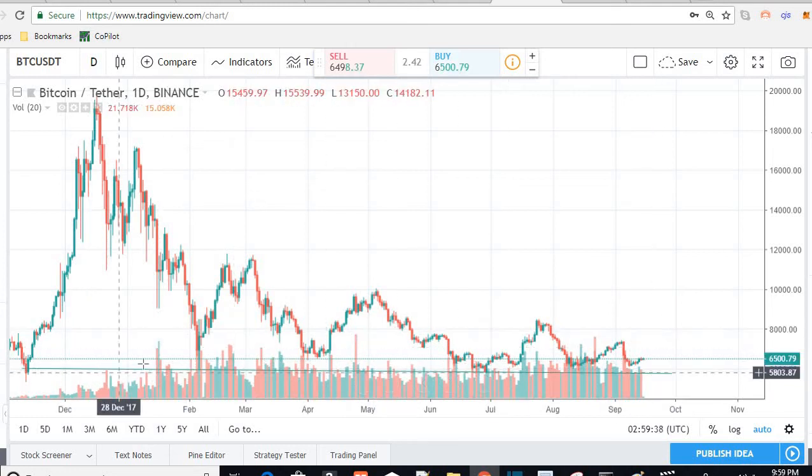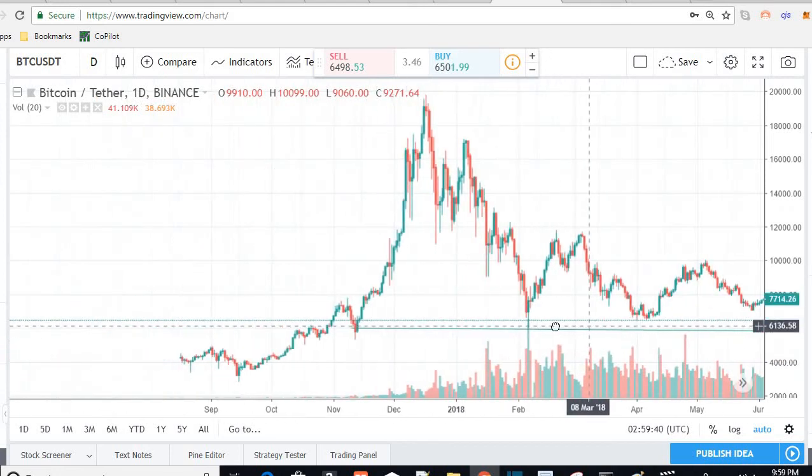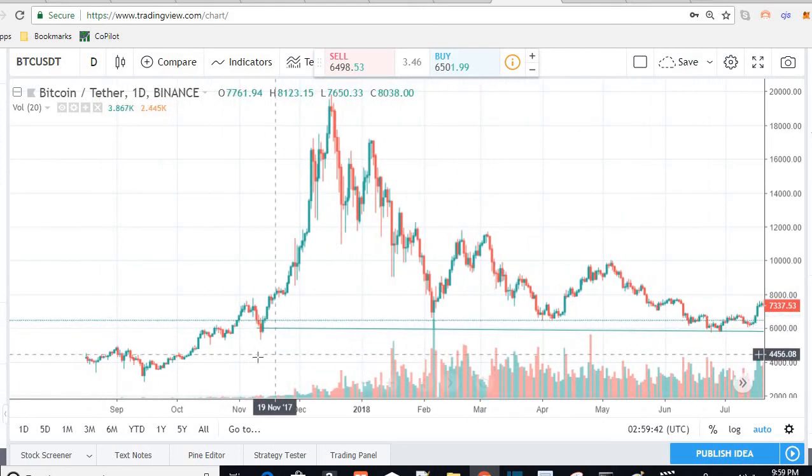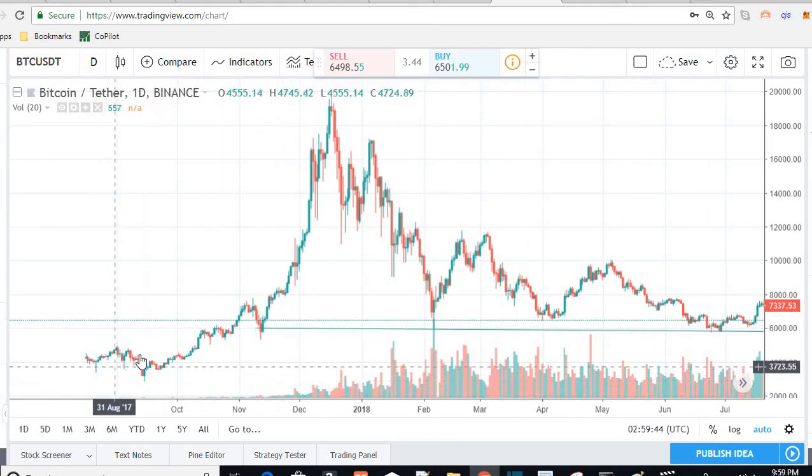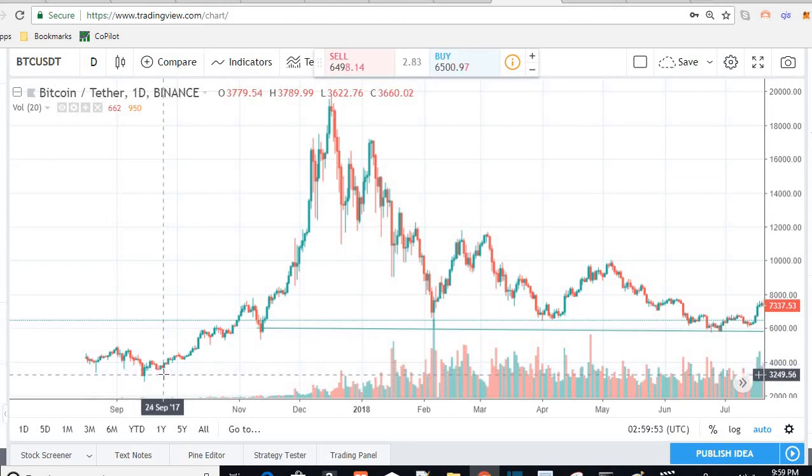If we go back to the same time last year, what was happening in September 24, 25, 26, right there. September 25th, 26th. This was the beginning of last year's bull run.